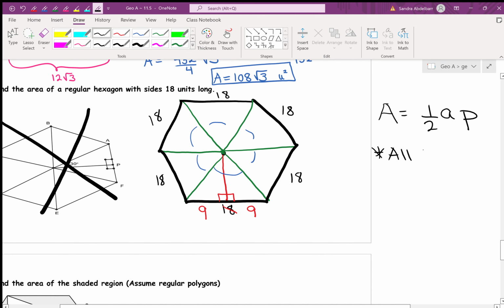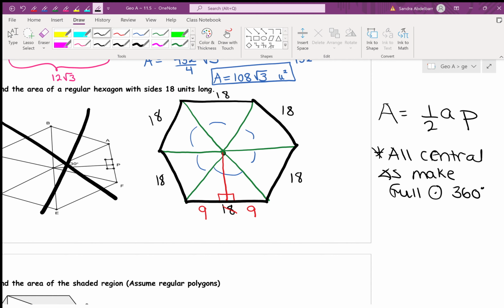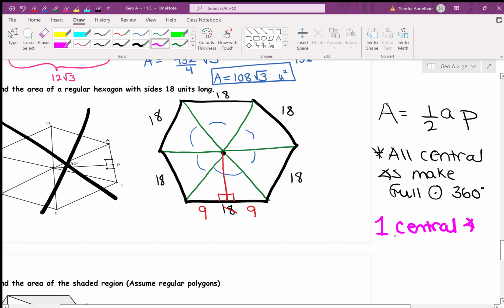All central angles make a full circle, 360 degrees. So if all the central angles together make a full circle of 360 degrees, how would I find just one of them? You got it. One central angle will be 360 divided by 6, which is 60.